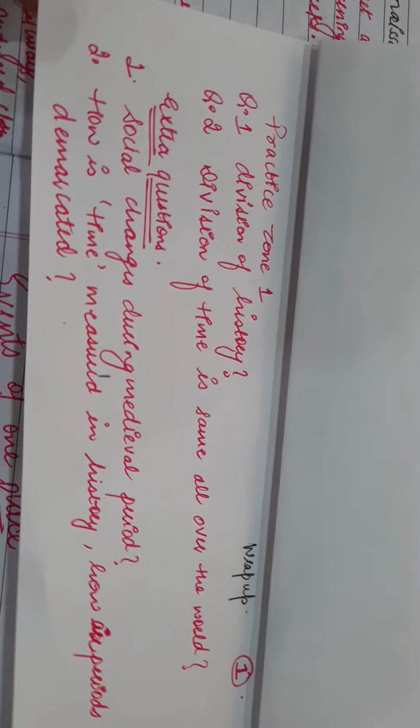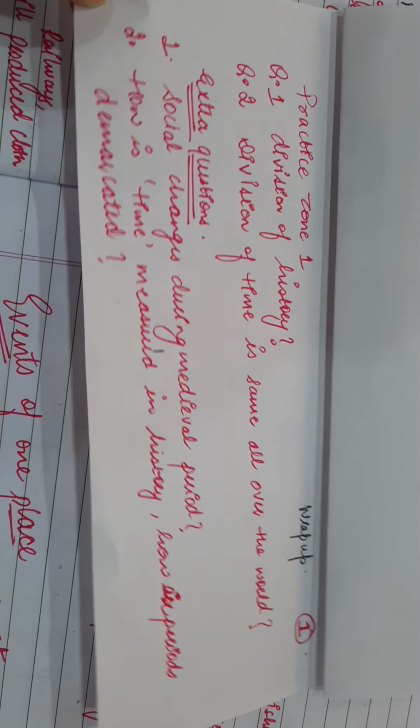And then the question rises, how is time measured in history? How do we demarcate the periods in history? Basically, the periods are demarcated by the change in society and economy. They are divided into periods which comprise specific and important events, and these events are somewhere based on socio-economic change.